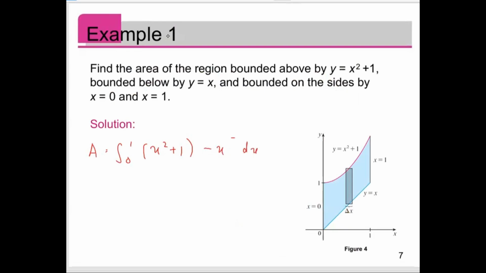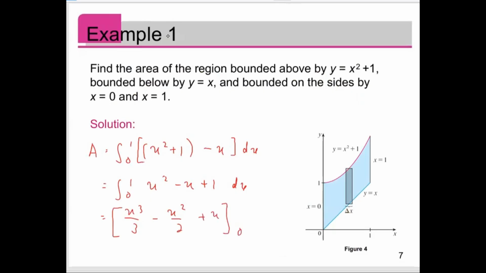So maybe to avoid confusion, I put another layer of brackets here, and then from here I think it is your routine, that is finding the integration of x squared minus x plus 1 dx. So you have the power rule for integration. So you are going to have x cubed over 3 minus x squared over 2 plus x, and then you have to plug in the values.